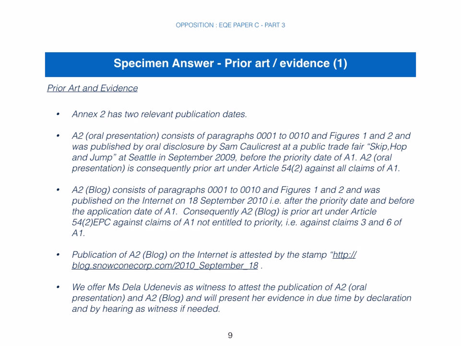Note then that A2 required detailed presentation or evidence to establish its publication, and this we offered in the form of evidence by Ms. Udevenis. The other documents A3 to A6 are simpler to present. See over.